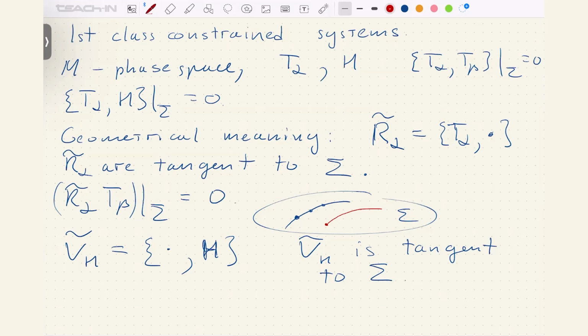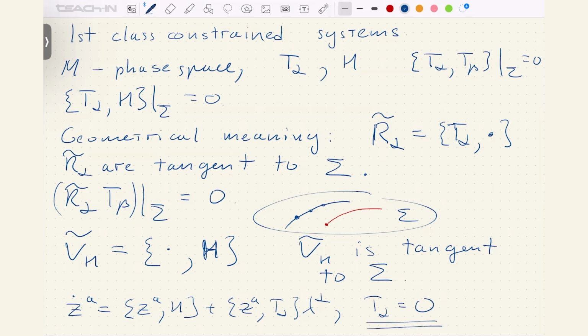Let me recall to you that the equations of motion of a first-class system are z dot a, these are phase space coordinates, equal to the bracket of z a with H plus the bracket of z a with T alpha times lambda alpha, and T alpha equals 0. So this guarantees that we must stay on the surface.